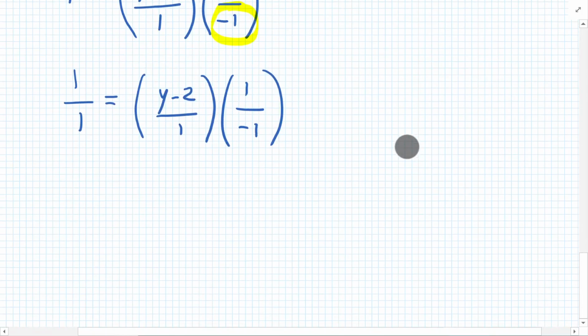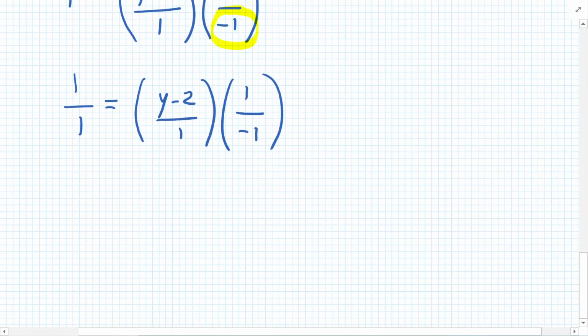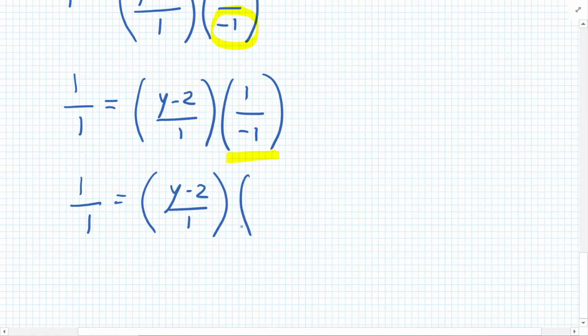Now remember what we learned before. We can express negative 1, this term here, differently. Let's write it in another form. 1 over 1 equals y minus 2 over 1. But this time, instead of putting the negative 1 in the denominator, I'm going to move it up to the numerator.